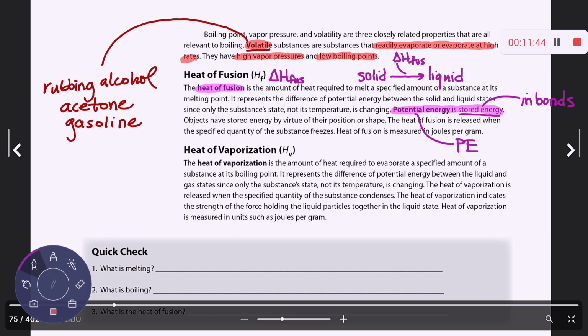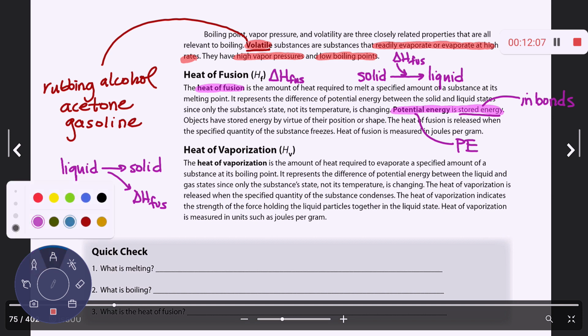Okay. If I'm converting a liquid back to a solid, so let me do that over here, I'm going to be releasing the heat of fusion, whereas up here, we were absorbing it. Okay. And then lastly, heat of vaporization. This one is involved in converting a liquid into a gas, for instance.